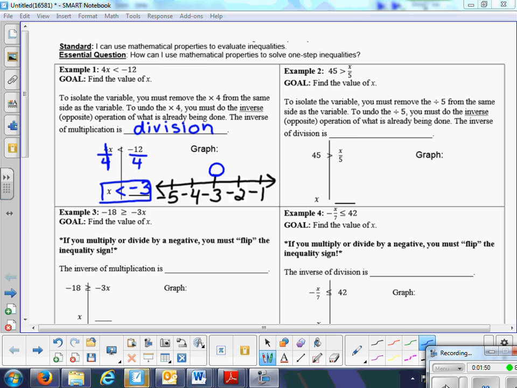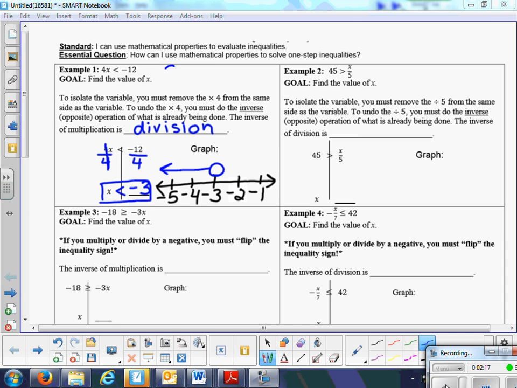And less than goes to the left, so we're going to draw an arrow that goes to the left. Remember that if you have less than, it could be any value up to negative 3, but it cannot be exactly negative 3. Okay? And that is our first example. The solution there is 4x less than negative 12, x is less than negative 3.